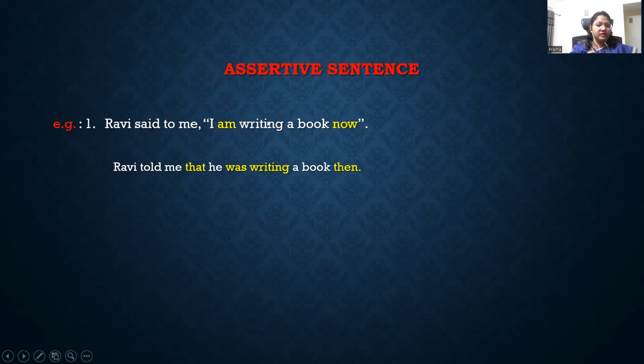I am writing is in the present continuous form. Present continuous will be changed into past continuous, that is was writing. The words representing nearness will change into distance. Now can be changed into then. So all the five rules we have applied, and finally, Ravi told me that he was writing a book then. So this is now indirect speech.